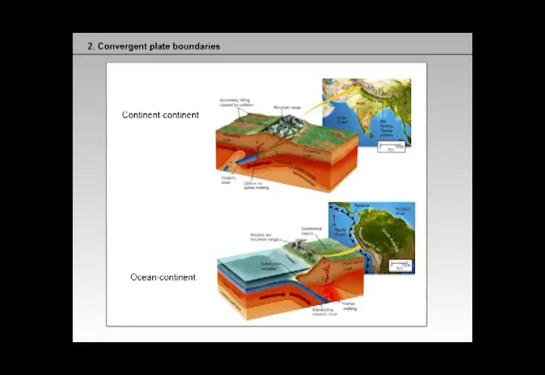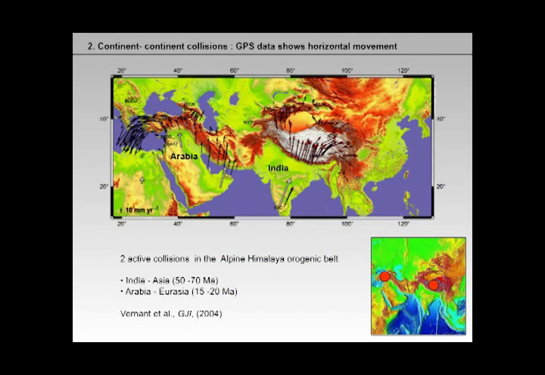In a continent-continent collision, we have two plates with low-density continental crust, and they can't be subducted. So we form large mountain belts such as the Himalaya and Tibetan Plateau. In an ocean-continent subduction zone, it's no problem to subduct the oceanic plate. So I'll show you some examples from Cascadia with MT and also from the Andes where we've been working in Bolivia.